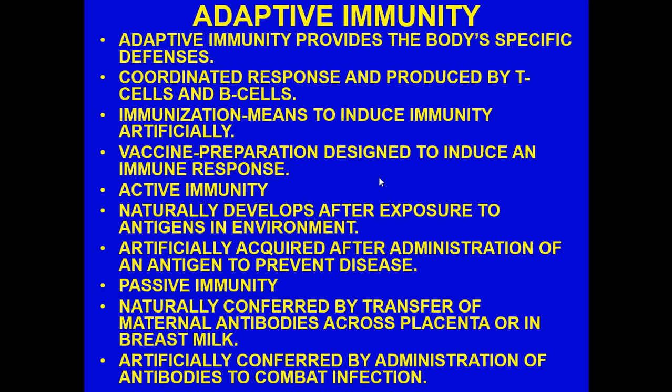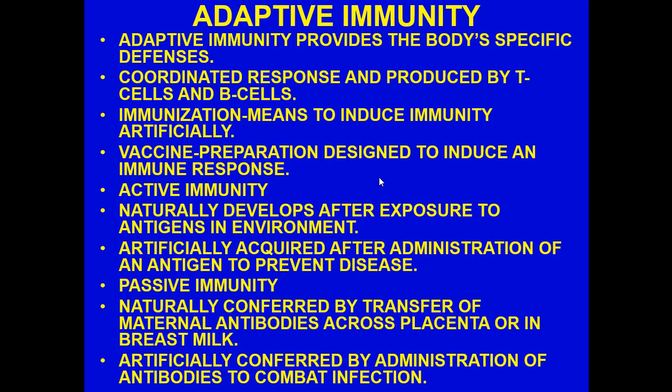Now, I've been talking about active immunity for a minute. Let me talk about passive immunity. To help you think about it as a grid, basically, you can have active immunity, naturally or artificially, or passive immunity, naturally or artificially. Let's talk about passive immunity for a minute.